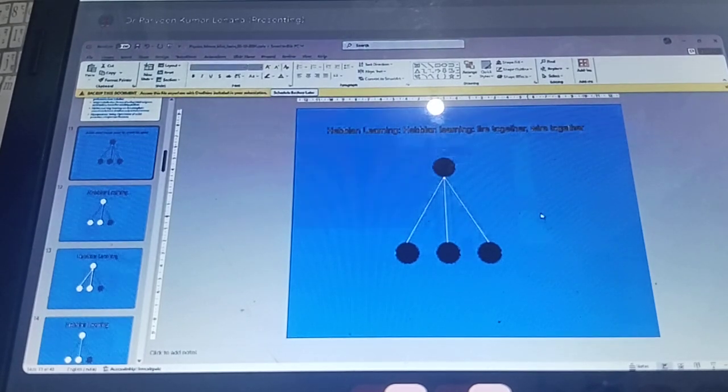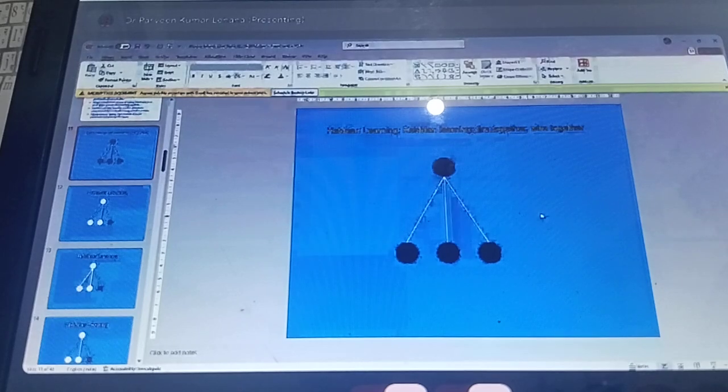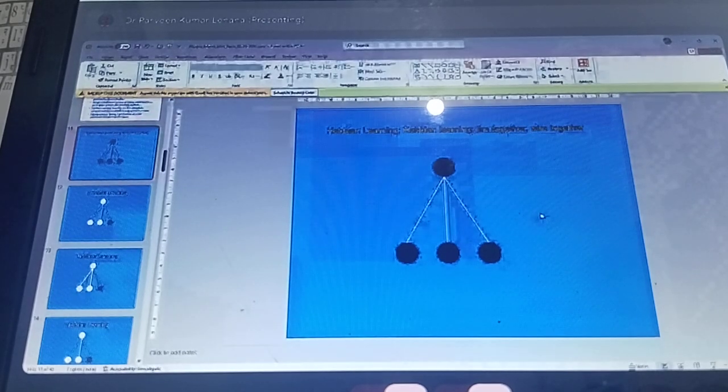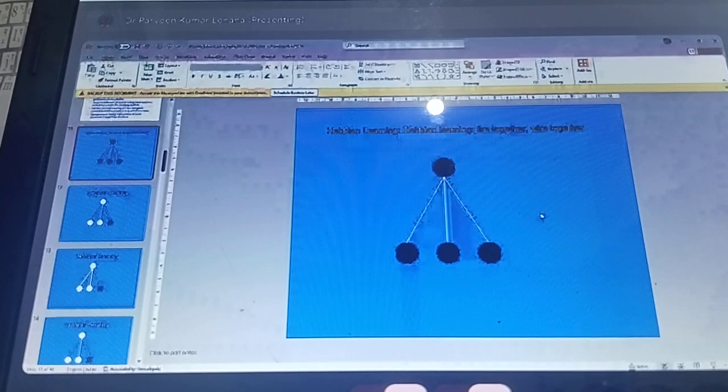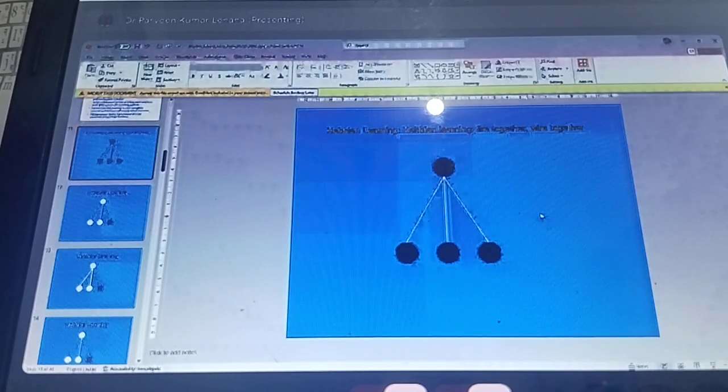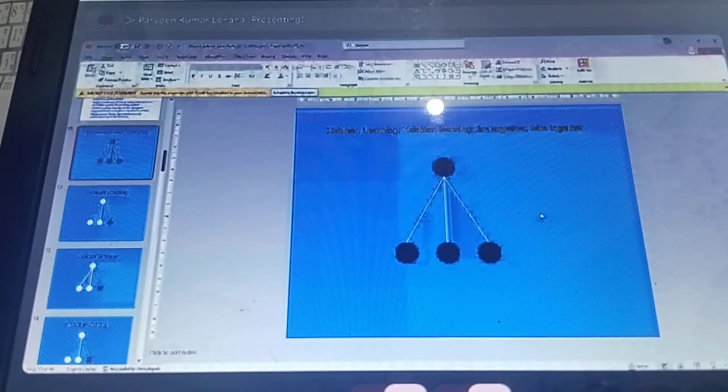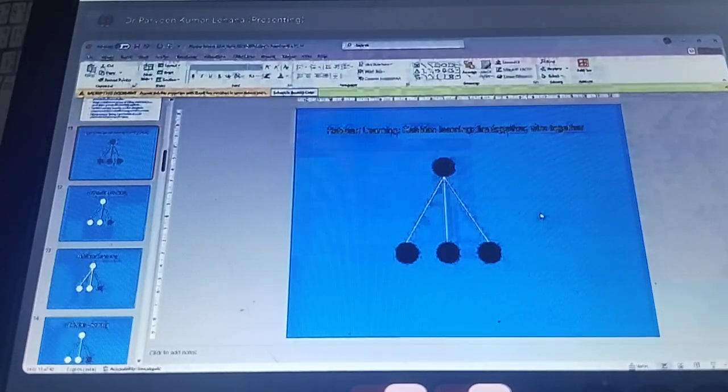So the principle says when we apply the input to a neural network, the neurons which are fired together, fired meaning which neurons generate output. Because when we disturb a neuron, it is not necessary that every neuron will feel disturbed. So it depends upon the total.